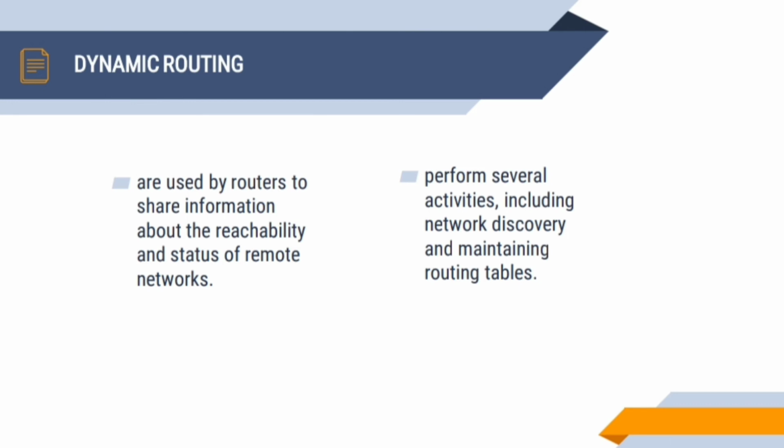Network discovery is the ability of a routing protocol to share information about the networks it knows with other routers that are also using the same routing protocol, instead of depending on manually configured static routes to remote networks on every router.